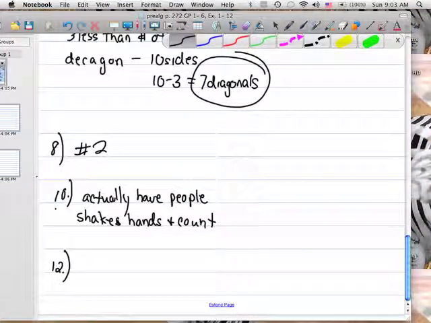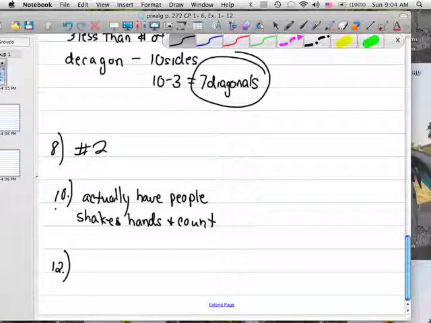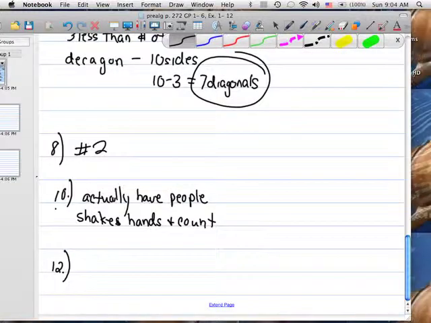And problem number 12, write a problem that you could solve by identifying a pattern, then solve the problem. Well, number 12, it looks like they're adding blocks.